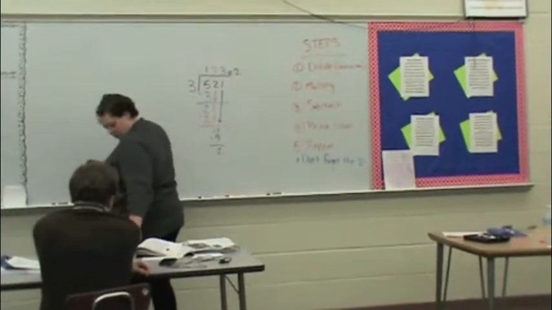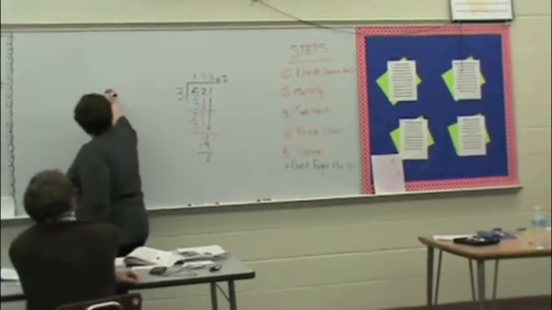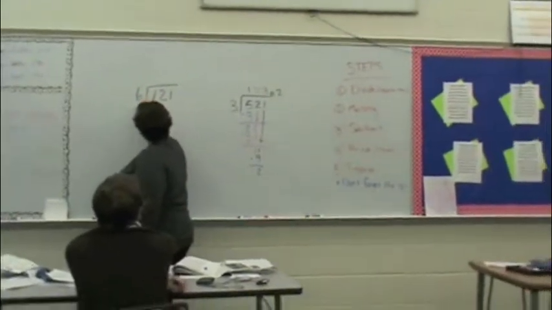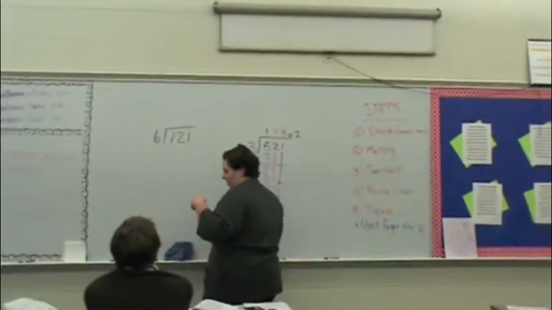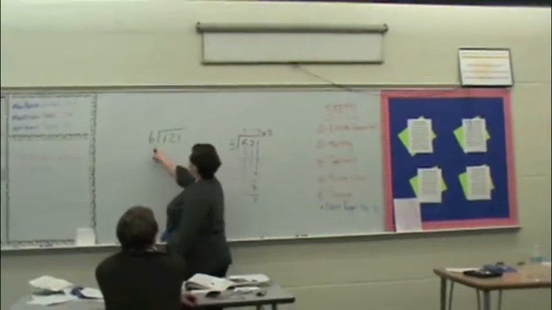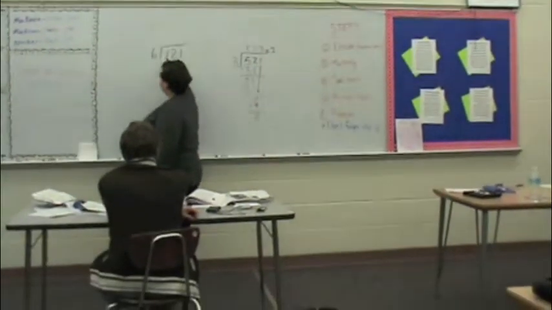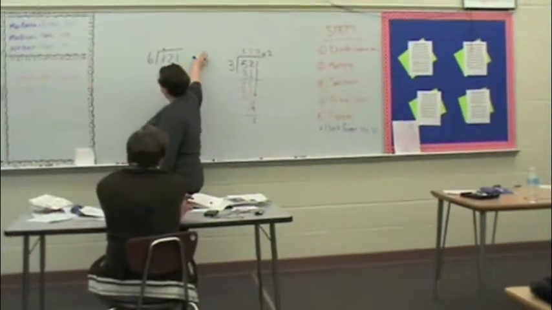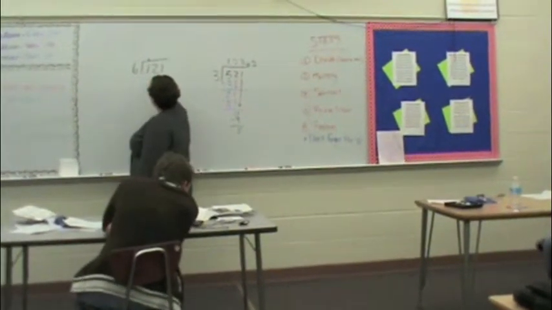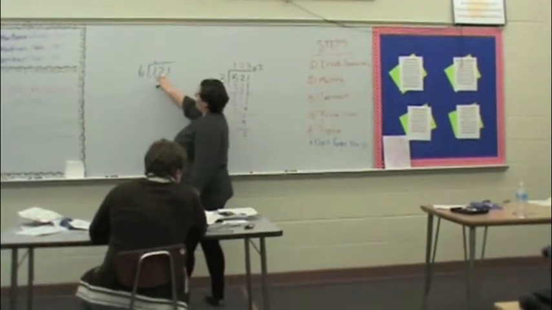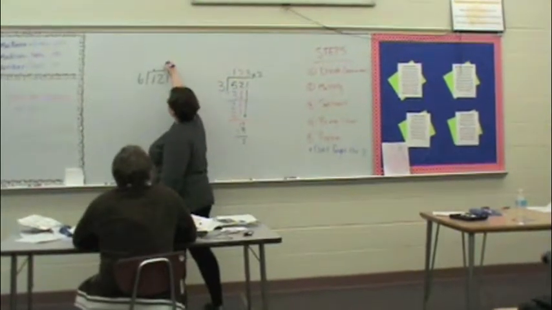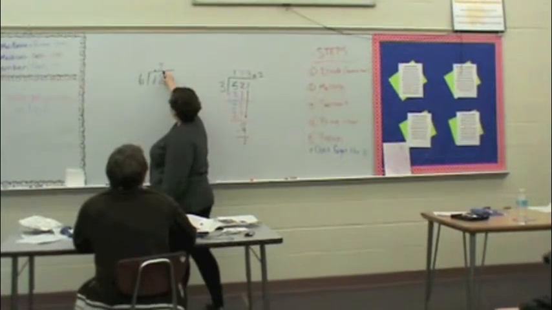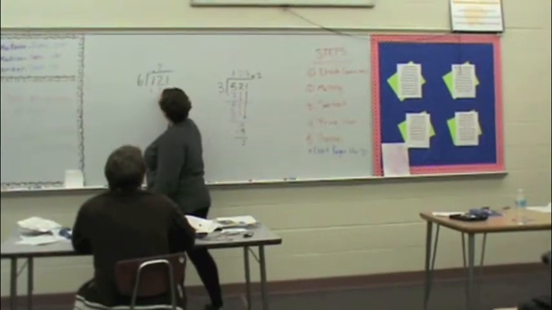Alright, so I'm gonna do 121 divided by 6. So pay attention. 6 go into 1? No, 6 is not going into 1. So I'm gonna put an X or my 0. Then I look at 6 into 12. I know 6 times 2 is 12, so I'm gonna put my 2 up here. 6 times 2 is 12.